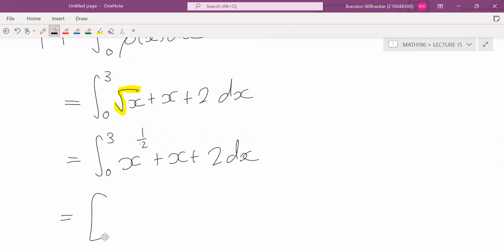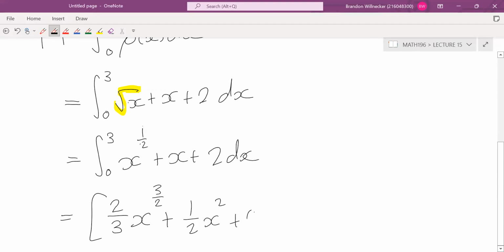We add 1 to the exponent to make it 3/2, divide by 3/2, which is the same thing as multiplying by 2/3. So we have 2/3 x to the 3/2, plus the antiderivative of x, which is 1/2 x squared. The antiderivative of 2 is just 2x. And we're evaluating this between 0 and 3.